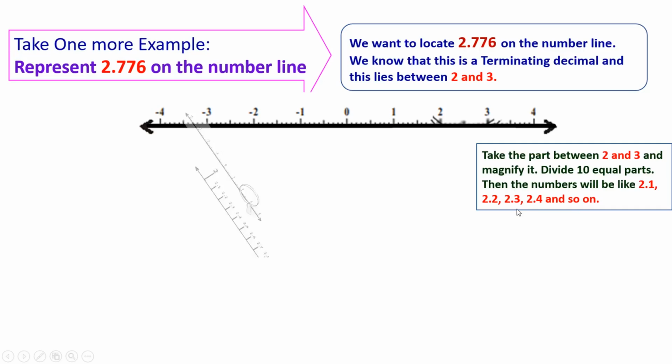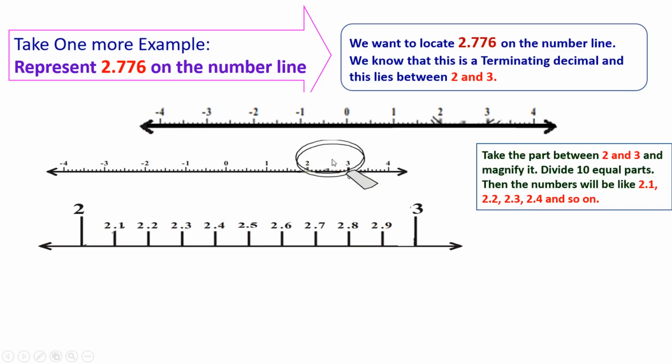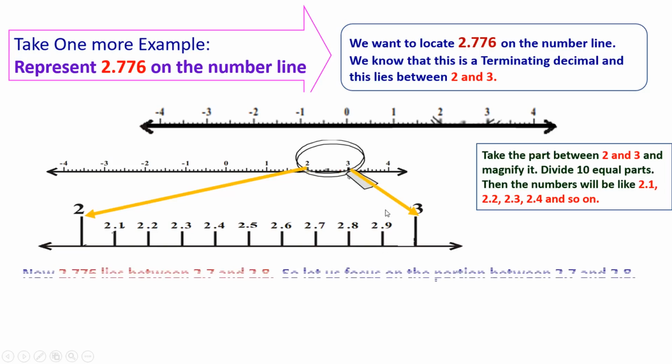When we use the magnifying glass and divide it into 10 equal parts, we get 2, 2.0, 2.1, 2.2, 2.3, etc. Now, we can easily observe that 2.776 lies in between 2.7 and 2.8.